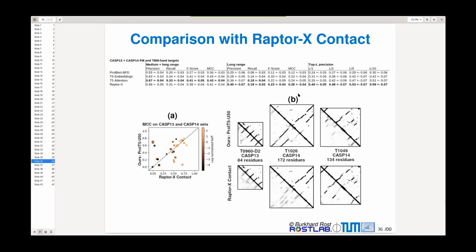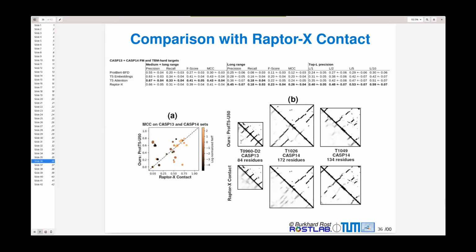I believe we need to take a look at 3D structure as well, and we will do so in the next slide. But first, also take a look at the per sample comparison between RaptorX and our approach. This time on the test set, so CASP13 and CASP14, free modeling and TBM hard targets. And as you can see here, it's kind of on eye level. It's kind of a give and take. So for some, RaptorX is still significantly better.